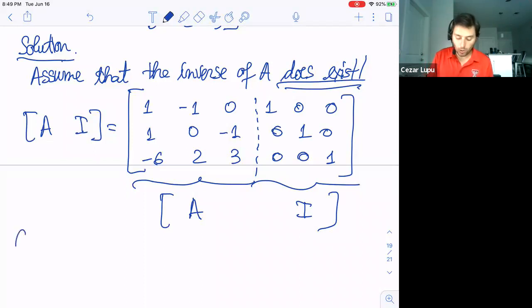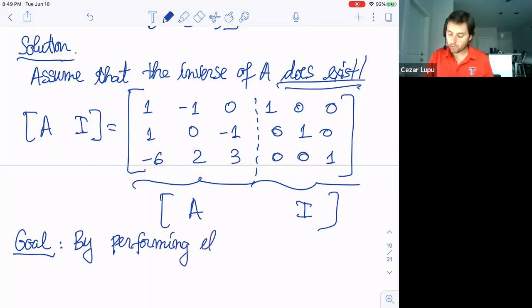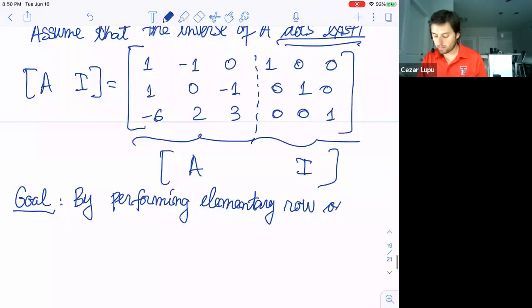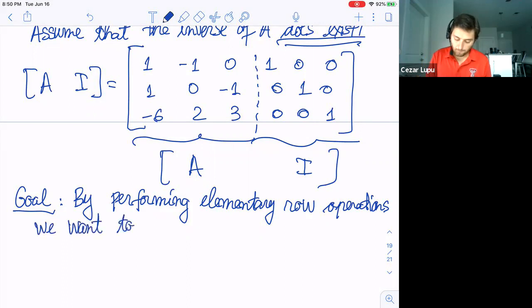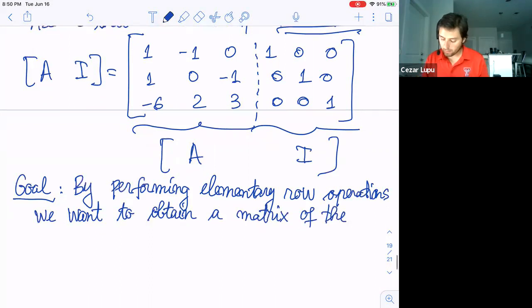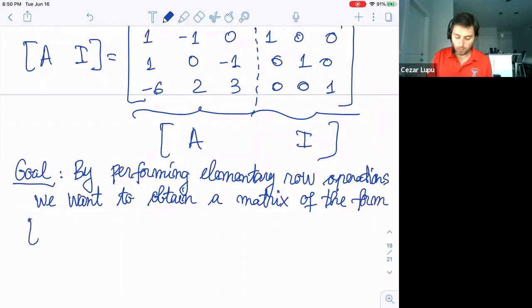And what I want to do, my goal, so keep in mind what your goal is: by performing elementary row operations, so that will be specific, we want to obtain a matrix of the form where we want the identity here on the left, and here on the right we want A inverse.